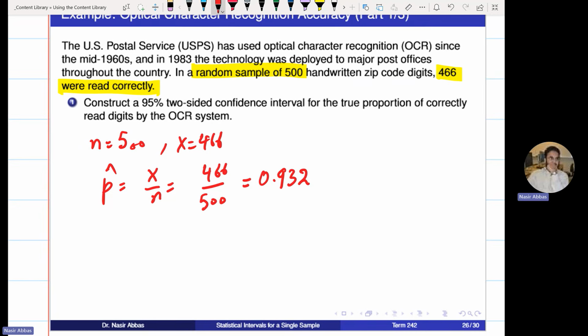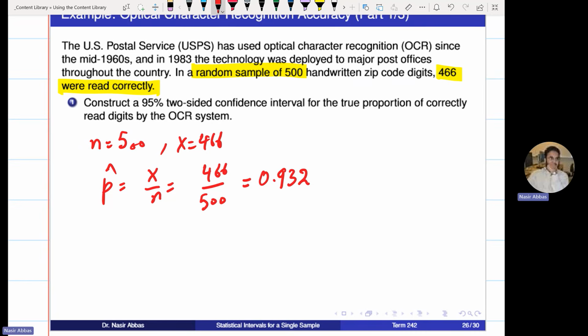Now, if I ask you a question, give me an estimate for the true proportion of the codes which were read correctly. The point estimate is 0.932. So you can say that 93.2% of the codes were read correctly by this optical system, whatever optical system was deployed by the US government.